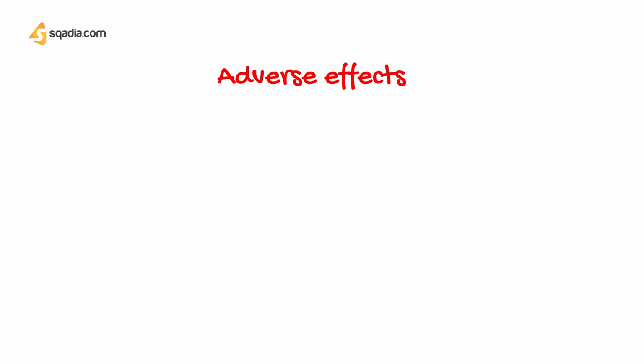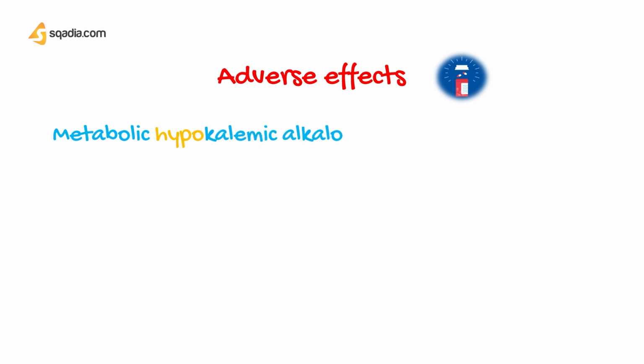Now, the first and most important adverse effect is metabolic hypokalemic alkalosis. It seems quite lengthy and difficult, but if we recall the effects, then this will be very easy to remember. Because alkalosis means the pH is going to rise. Why? Because they are causing hydrogen ion secretion in the urine.